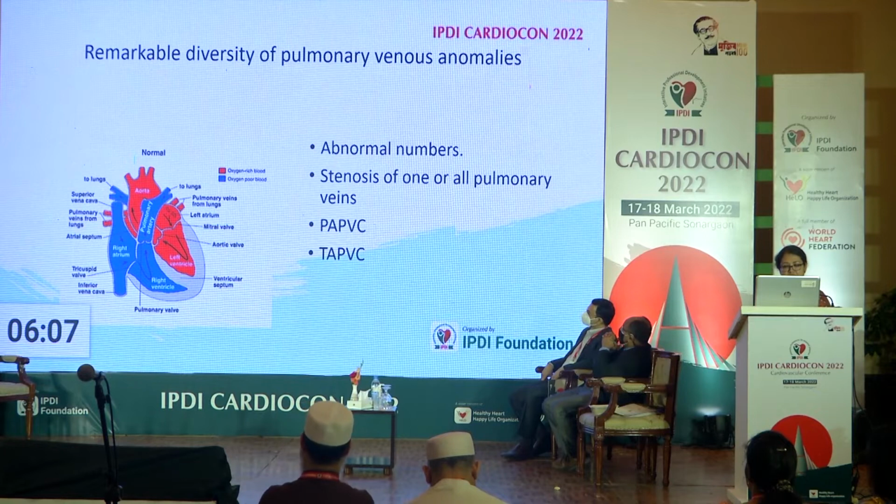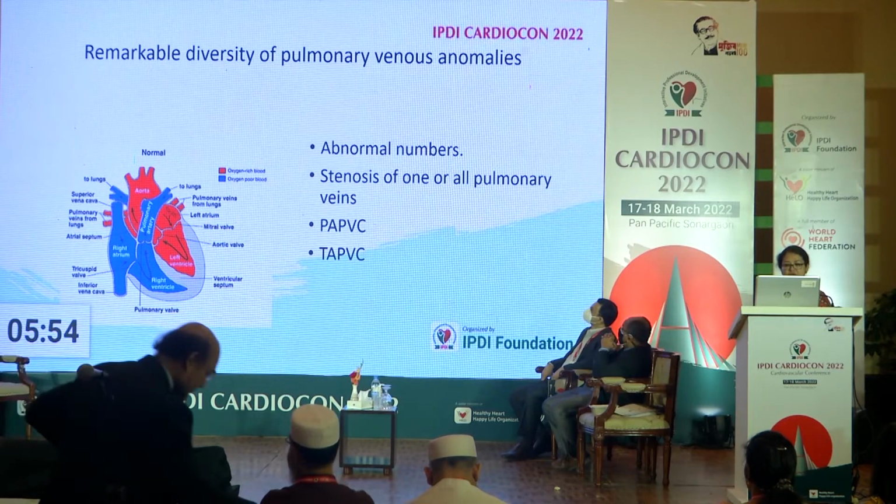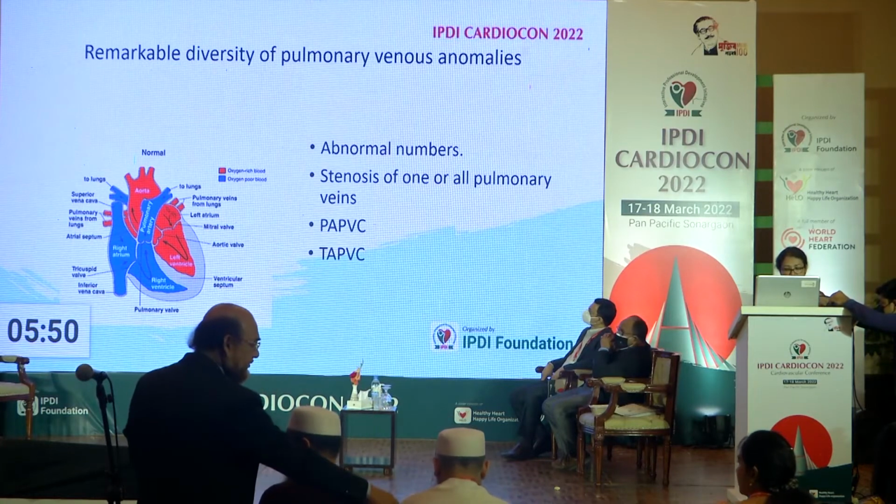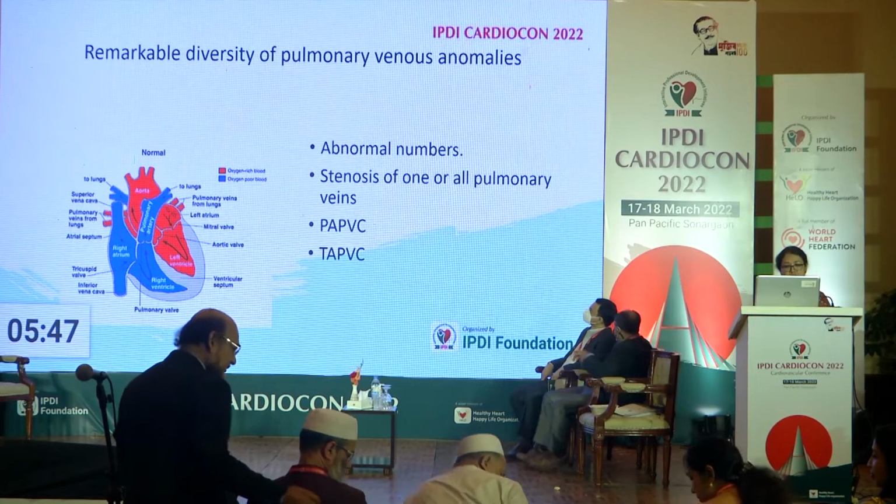At any stage, any abnormality reveals a remarkable diversity of pulmonary venous anomalies, which include abnormal numbers, stenosis of one or all pulmonary veins, partial anomalous pulmonary venous connections, and total anomalous pulmonary venous connections.